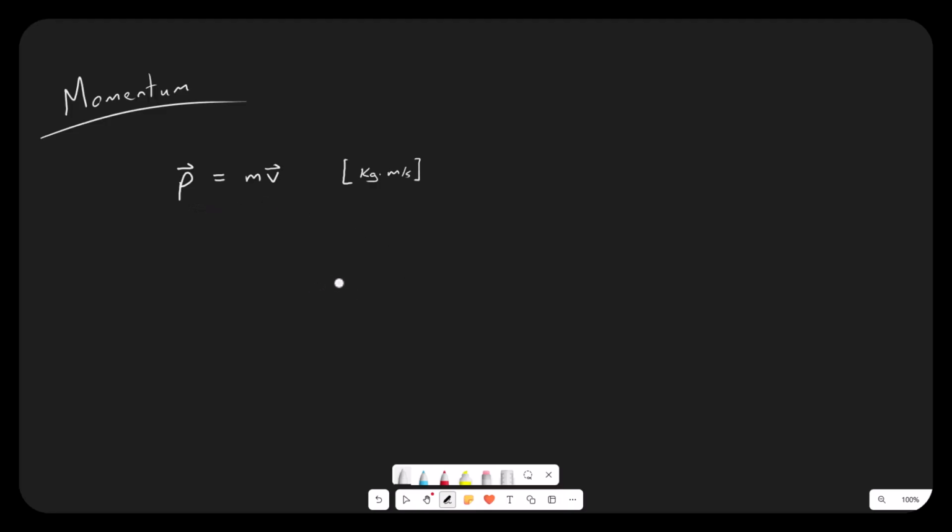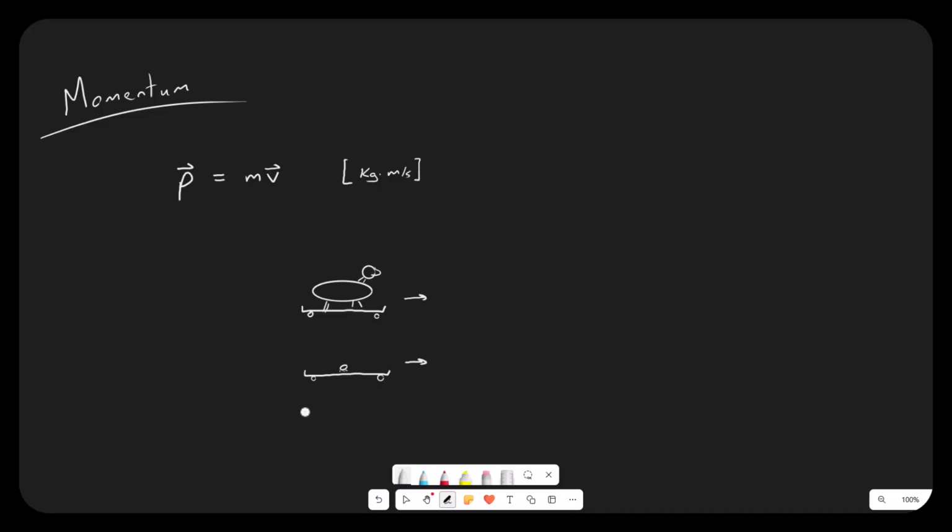If I have an animal like this sitting on a skateboard and it's moving along, or if I have the same skateboard and I put, I don't know, some kind of a bug on it, this top one, moving at the same speed, this top one is going to have a lot more momentum than the bottom one.